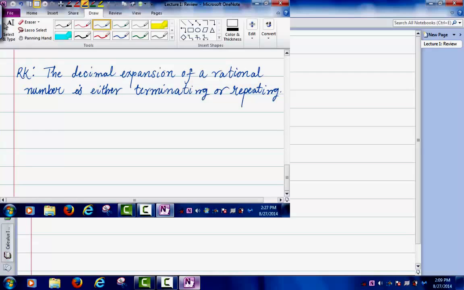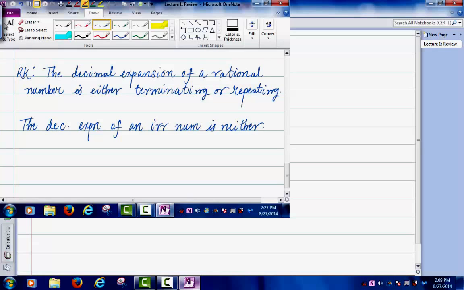And how about the decimal expansions of irrational numbers? The decimal expansion of an irrational number is neither. What I mean is it's neither terminating nor repeating.